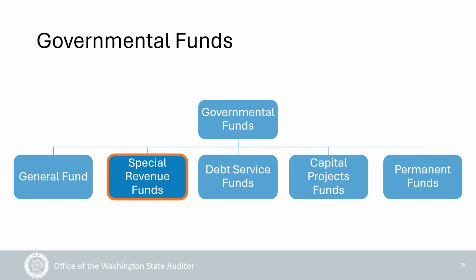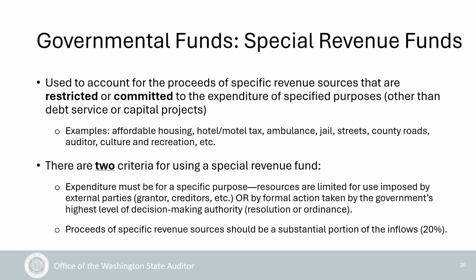Next up is special revenue funds. Special revenue funds account for specific revenues that are restricted or committed to be used for specific purposes. The big caveat here, though, is that specific purpose cannot be for debt service or capital projects because those go into the other fund types.